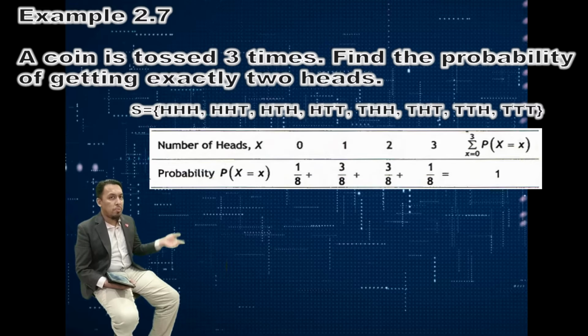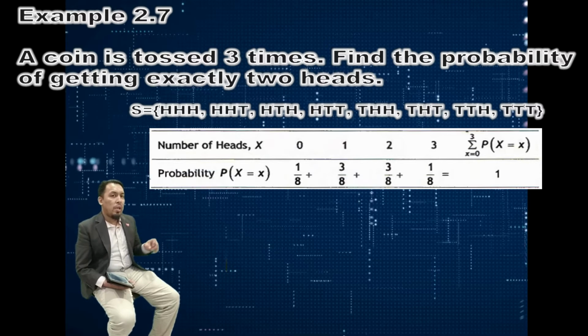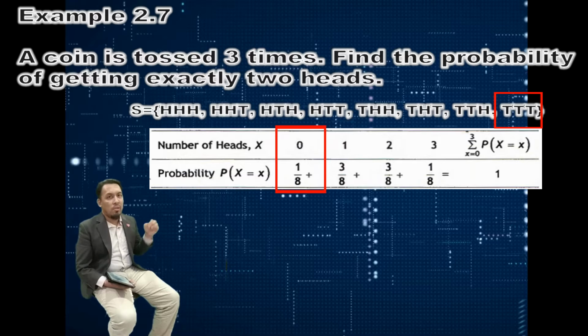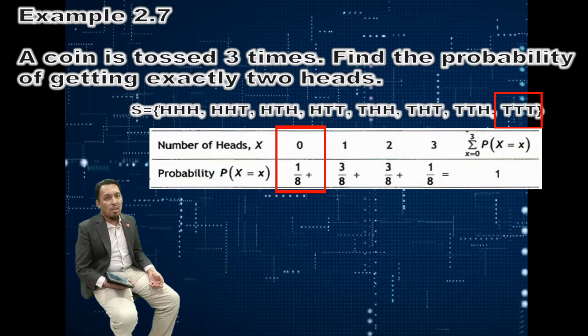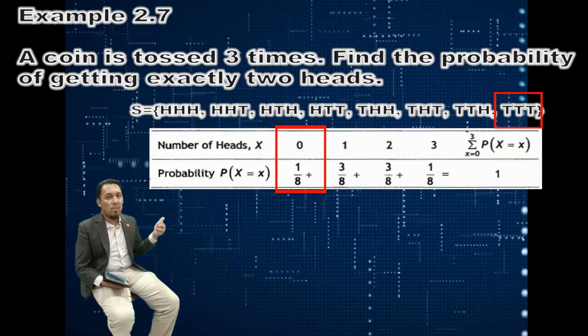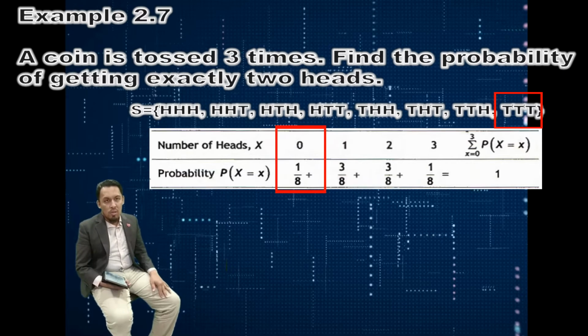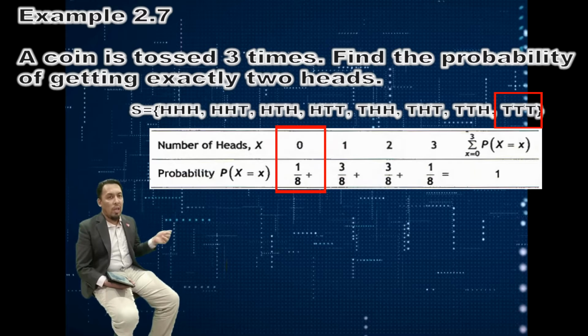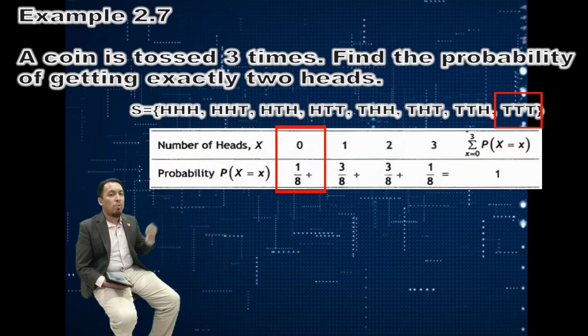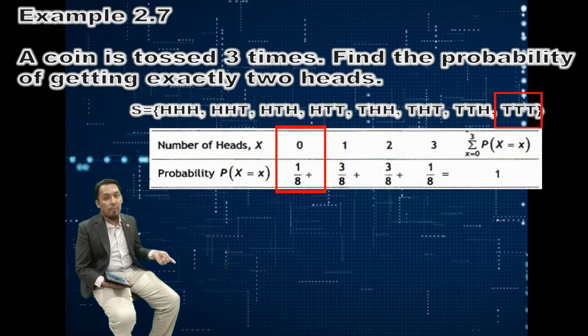If you look at the sample space, there is a combination that contains 0 heads, which is all tails, equal to 1/8, which can be converted into 0.125.